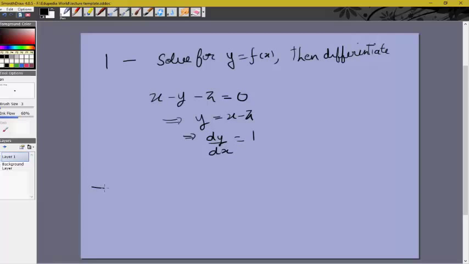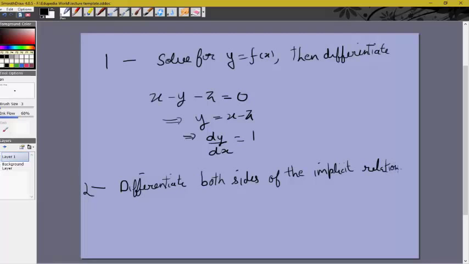But if it is not possible, then the second way is to differentiate both sides of the implicit relation. So when you differentiate both sides, you will have both x and y.